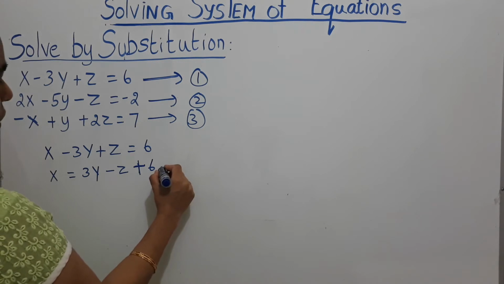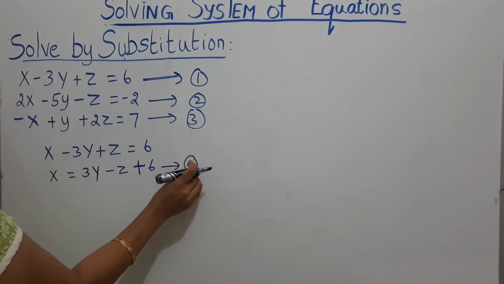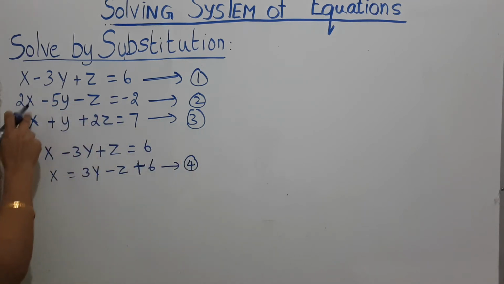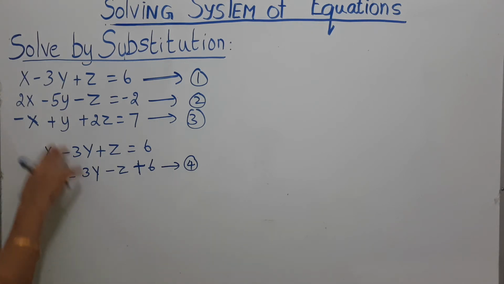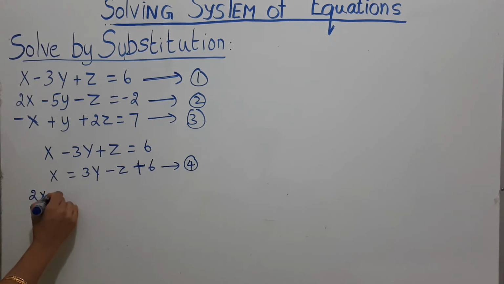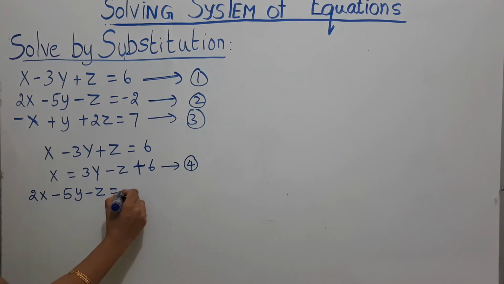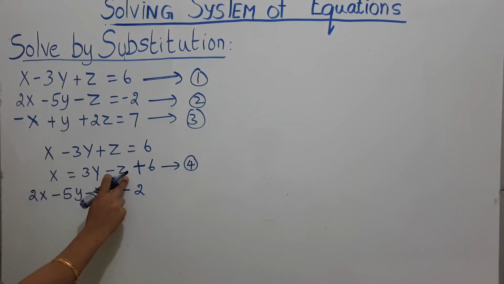You can number this as 4, and now you have to replace equation 4 into 2 and 3 in the place of x. Okay. So first we can replace this one in the second equation. So 2x minus 5y minus z equals minus 2. Okay, so this is the second equation. Now we are going to replace the value of x by 3y minus z plus 6.